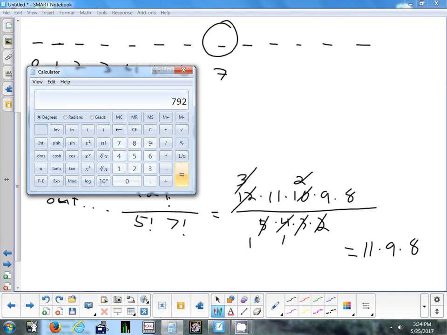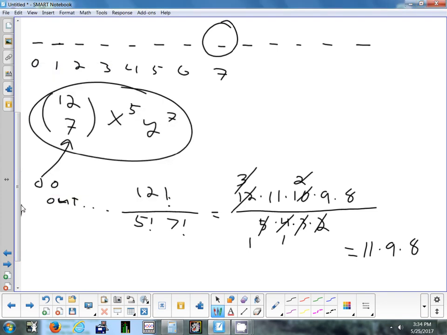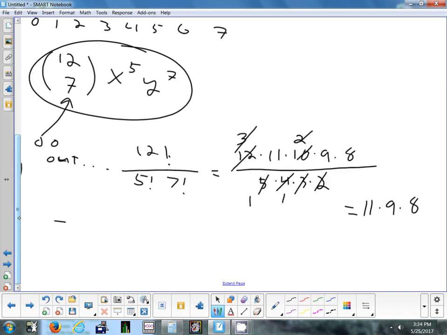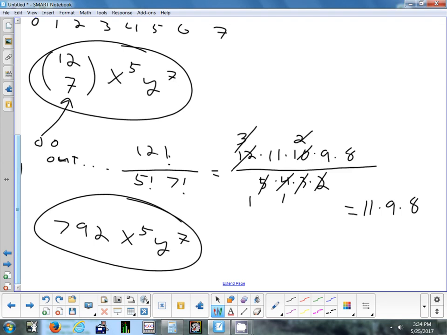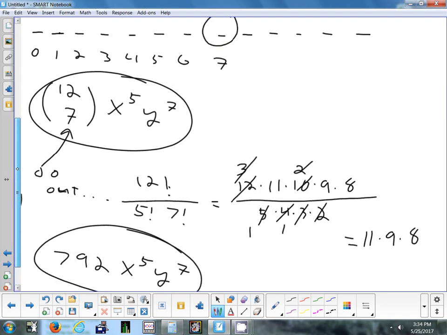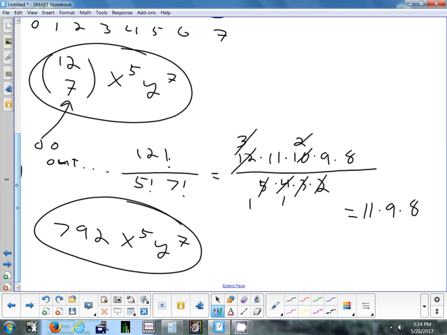So 792. So the term that I'm looking for would be 792, x to the 5th, y to the 7th. And that's it. So that's kind of a quick overview of everything that's on the test. Okay, any other kind of general questions? No?